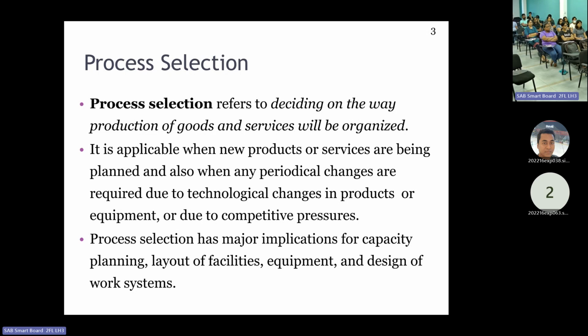Then again, such decisions are made. When periodical changes are required due to technological changes in the products or equipment, or due to market and competitive pressures, process selection decisions are made. High impact. It is not a frequent decision, it's an infrequent decision.